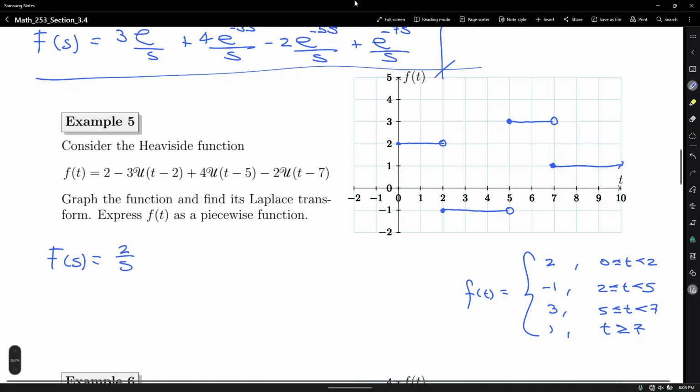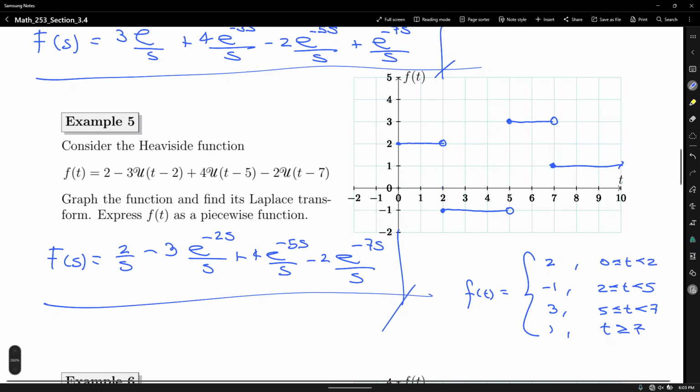And then minus 3 times e to the -2s divided by s, and then plus 4 times e to the -5s over s, minus 2 e to the -7s divided by s. All right, that is our transform. One more. Okay.